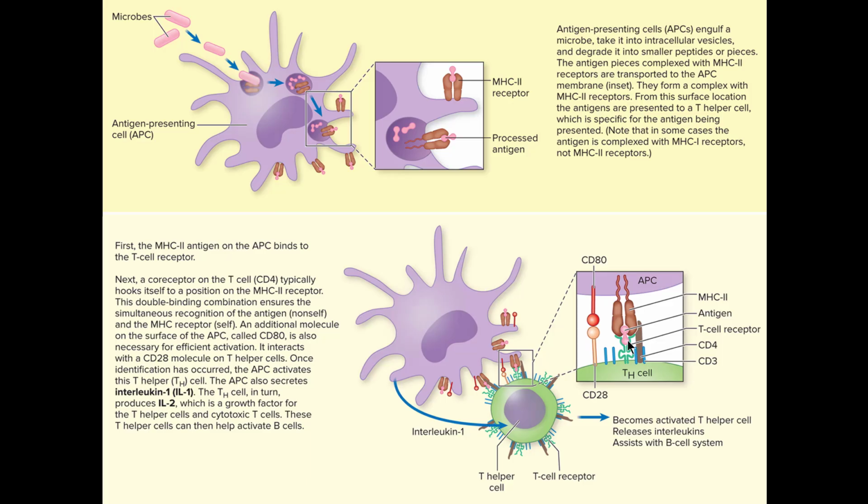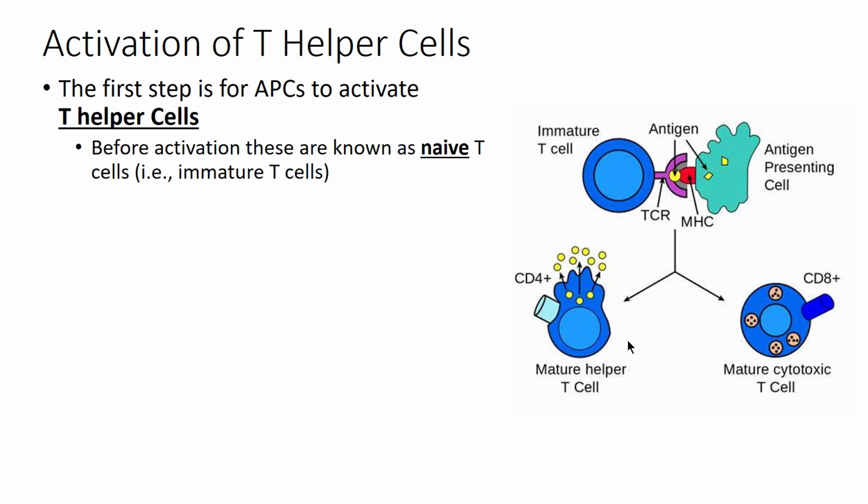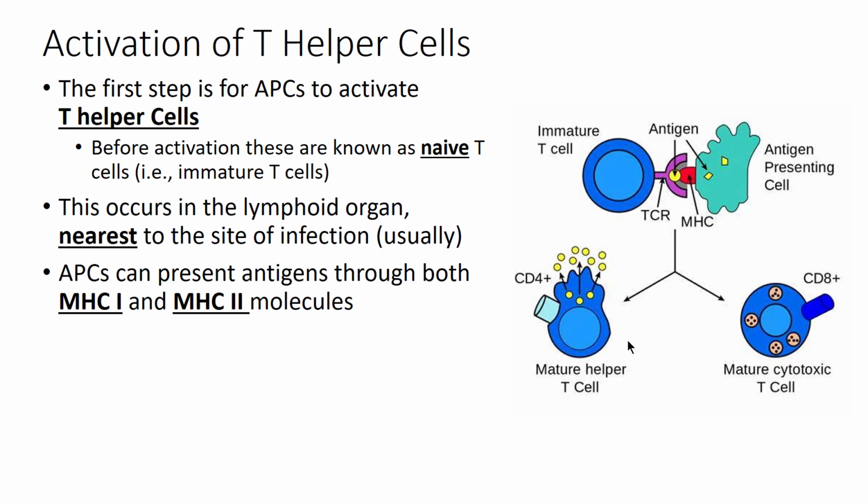But this takes some time, and it gives an explanation for why the third line of immunity is not activated immediately. But once that T cell with a matching receptor is found, it will now become activated, and it will now lead to the next stage, which is the activation of the helper T cell. So the antigen presenting cell has to activate that helper T cell. Before it's active, it's referred to as a naive T cell, meaning it has yet to be encountered with an antigen. So the antigen presenting cell migrates, finds the T cell with the matching antigen.